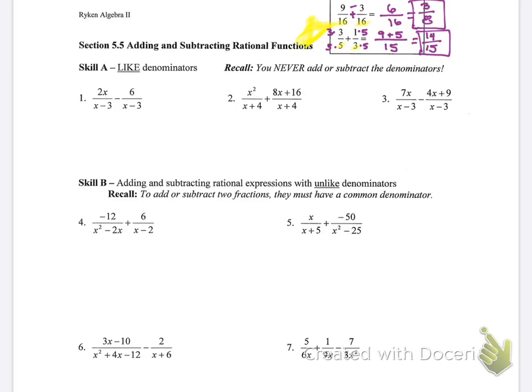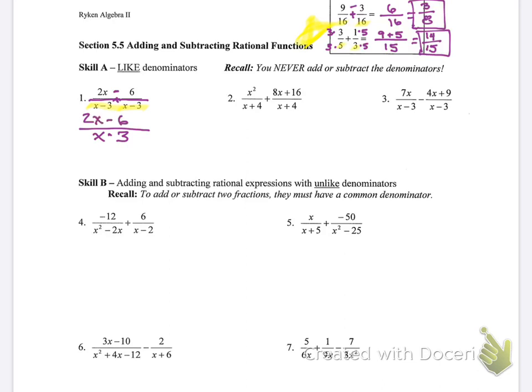Okay, so now, since this is algebra, of course, it's not going to just be numbers. It's also going to be letters, okay? But same idea. Are the denominators the same? Yeah, they both are x minus 3. I notice there's a minus in the middle, so I like to just pull that up to the top and make it all one fraction. So I say, okay, the denominator is x minus 3. On top, I have 2x minus 6.